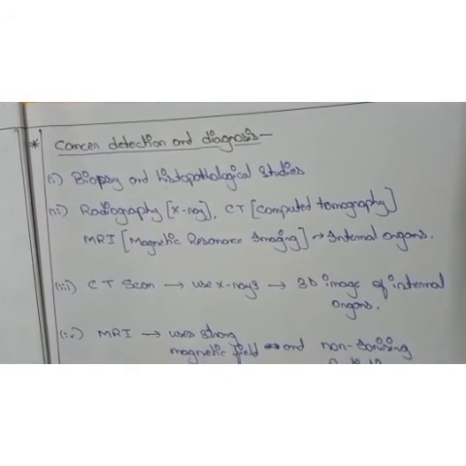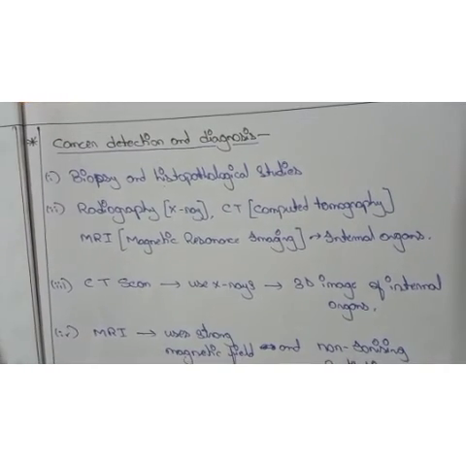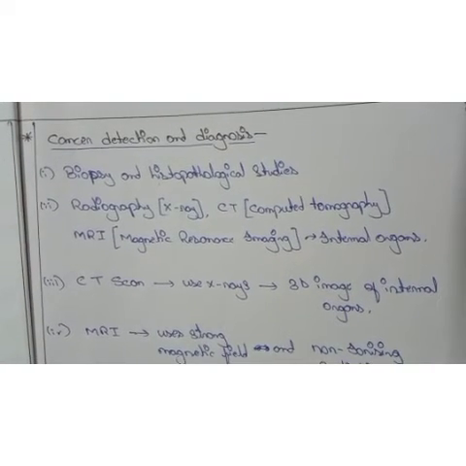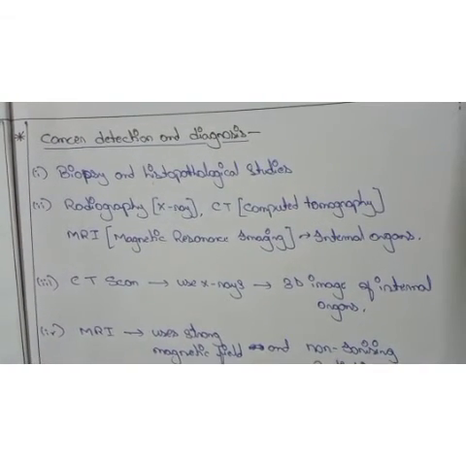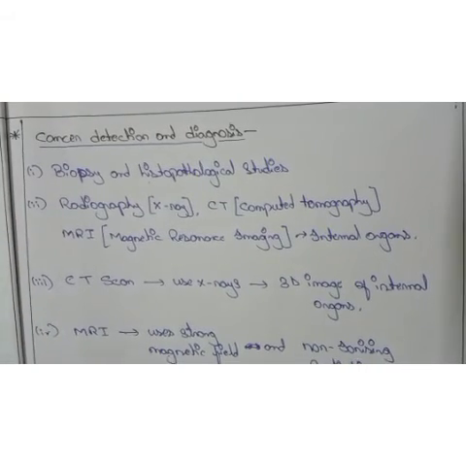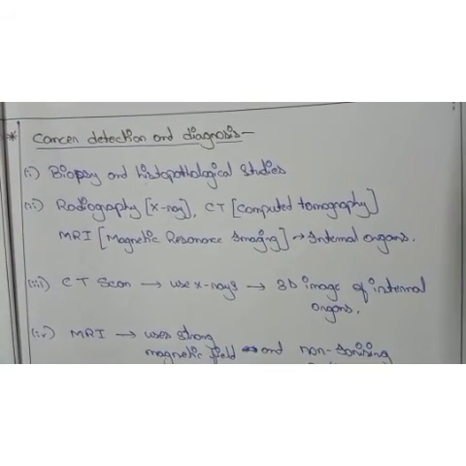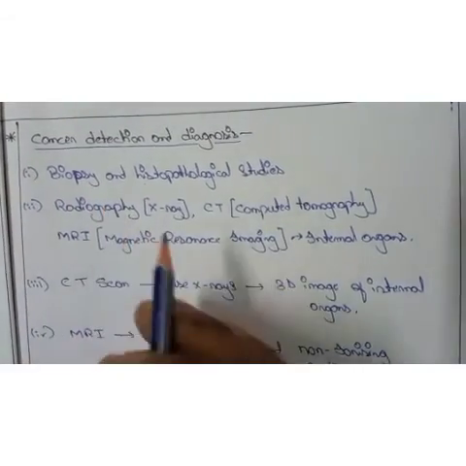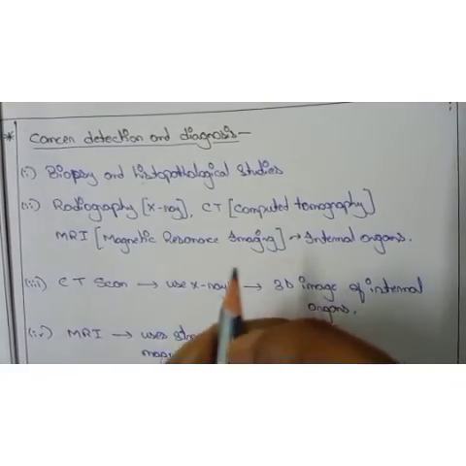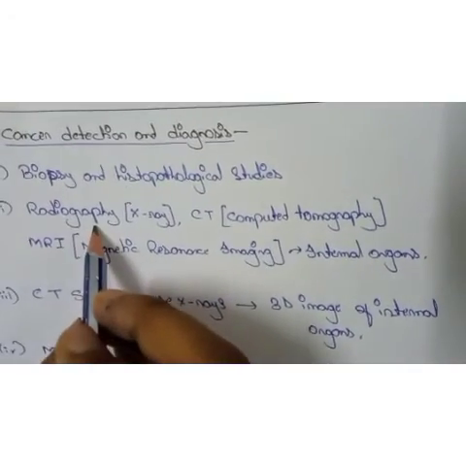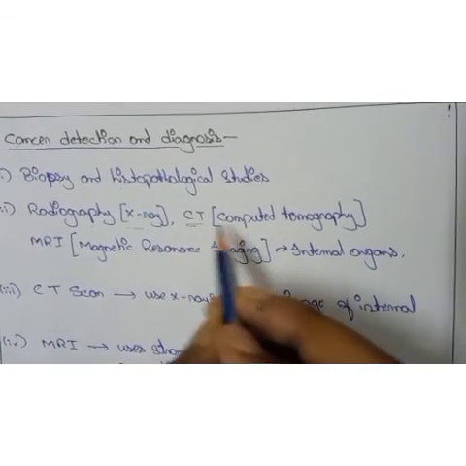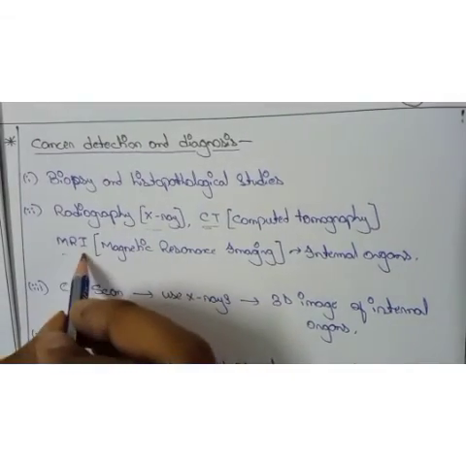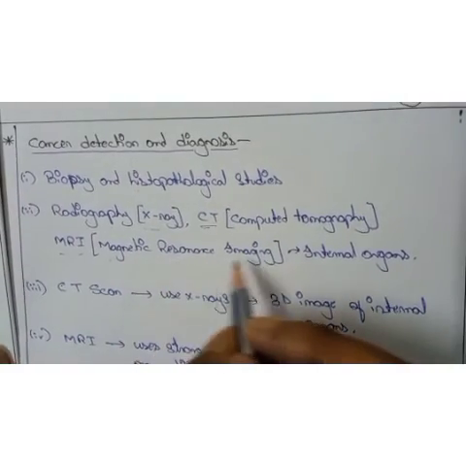Now cancer detection and diagnosis. If a person is infected by cancer, how can we detect it? By biopsy and histopathological studies. Also radiography, meaning X-ray, CT scan or computed tomography, and MRI, magnetic resonance imaging.